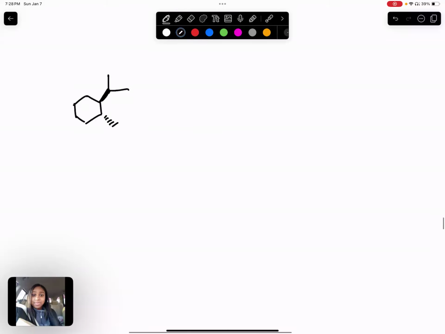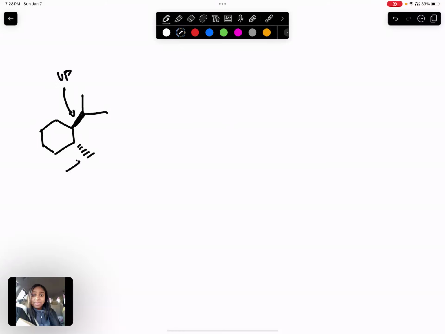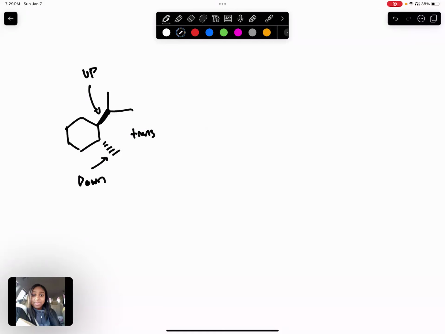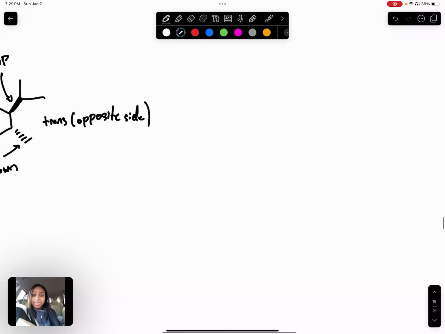What would the chair conformation of this be? So this is pointing up, right? This is pointing down, correct? And they are technically trans to each other. They're not on the same side, opposite sides, right?